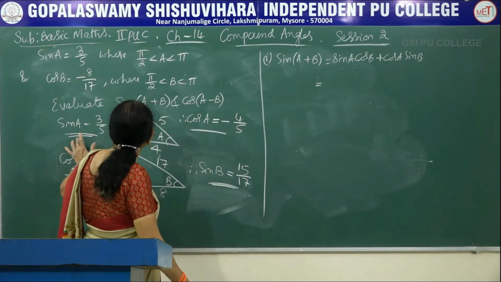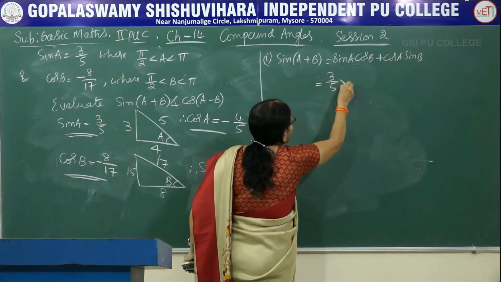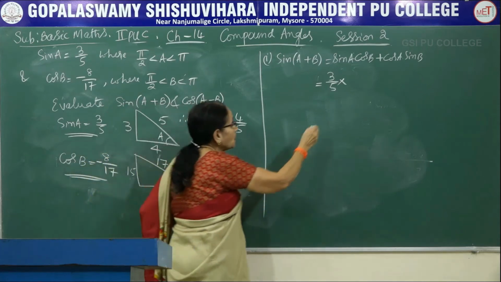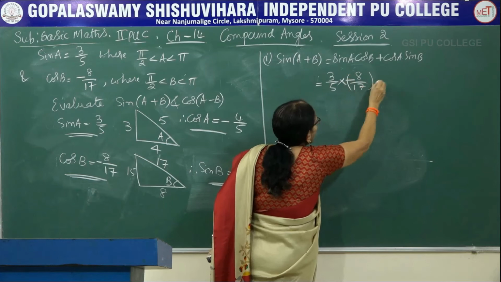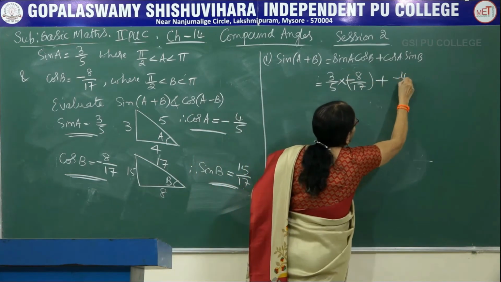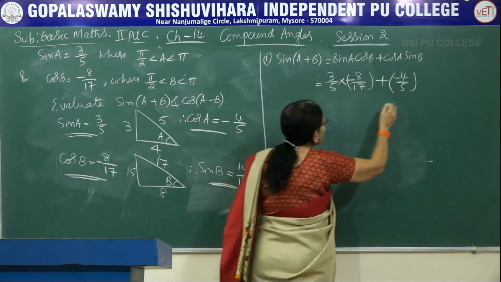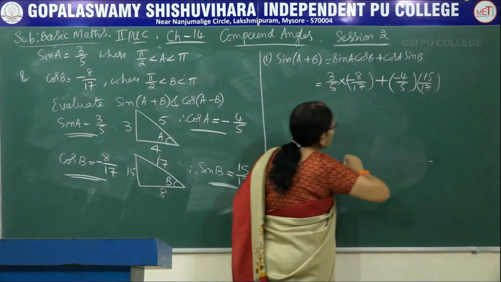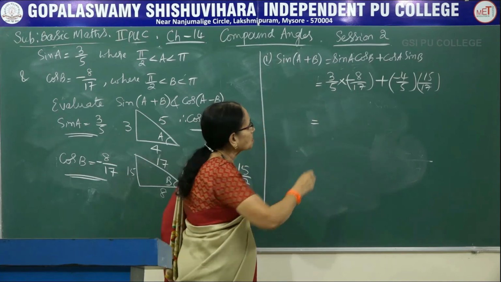Sin A is 3 by 5 into cos B. Cos B also given but with a minus sign, plus cos A is minus 4 by 5 into sin B, which is 15 by 17. Now be careful.